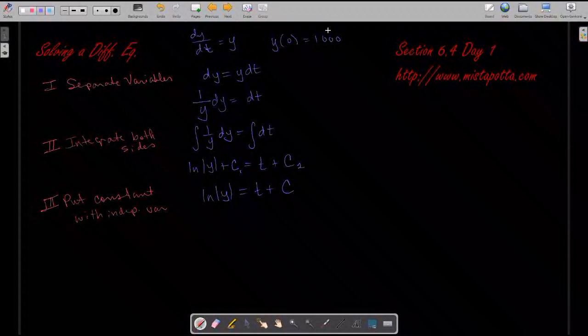But I will have to talk about domain, and we'll do that in our last example today. The fourth thing that I want to do is I need to solve for my dependent variable. I need to solve for y.